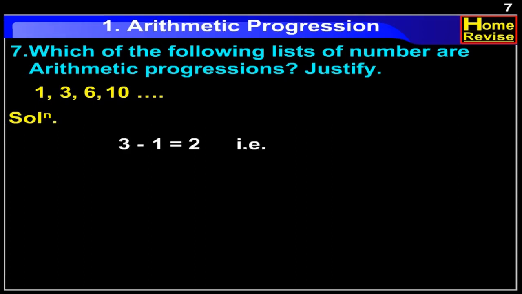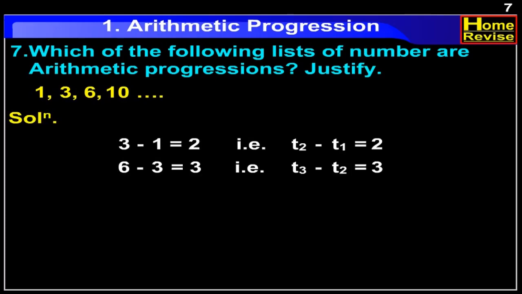That is, T2 minus T1 is equal to 2. Similarly, 6 minus 3 is equal to 3. That is, T3 minus T2 is equal to 3. And 10 minus 6 is equal to 4. That is, T4 minus T3 is equal to 4.